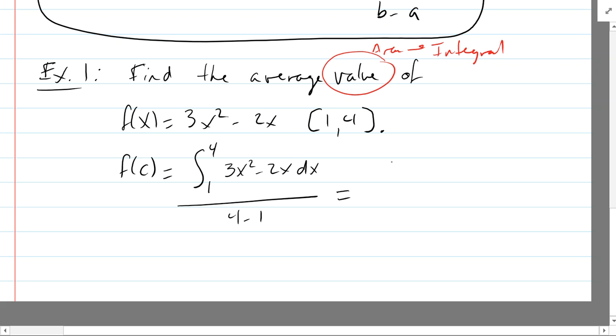What is the antiderivative of 3x squared? What's the antiderivative of 2x? Is that really easy? Evaluated from what to what? 1 to 4, all over 3.